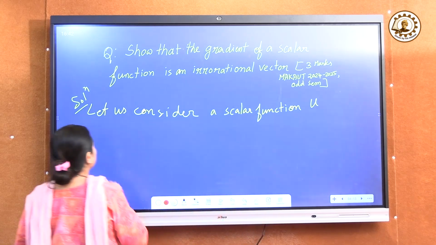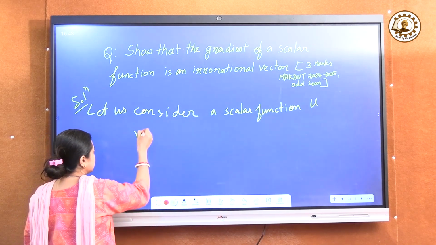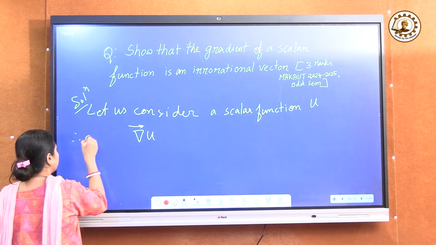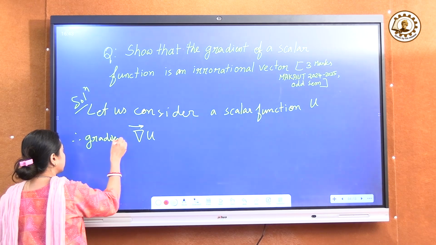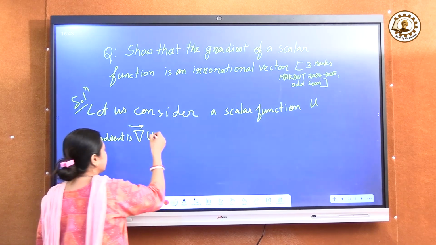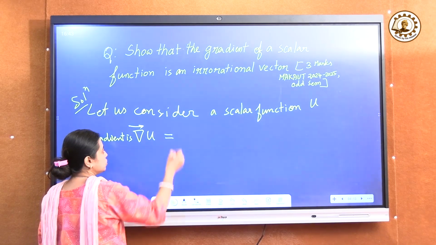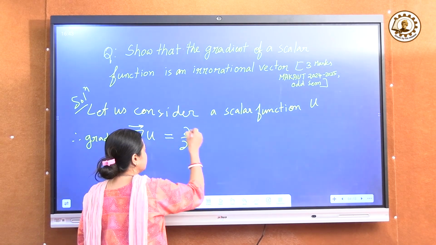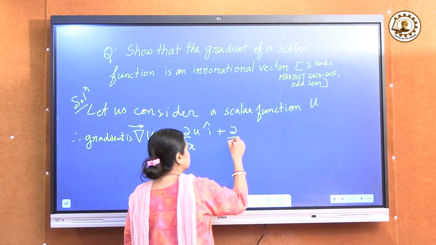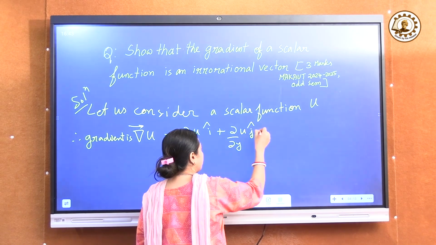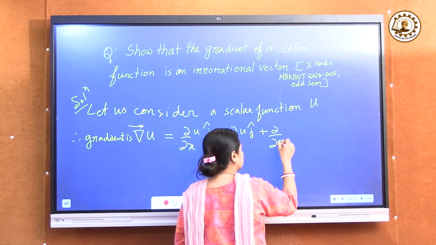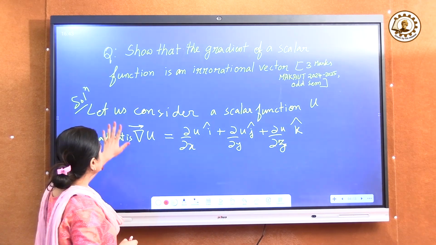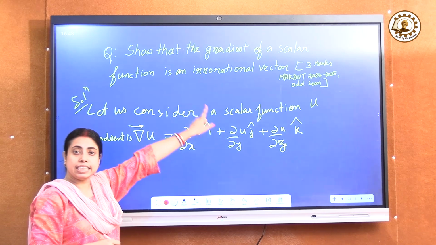The gradient of u means I have to multiply u with the del operator. Therefore, the gradient of u is equal to del u by del x i cap plus del u by del y j cap plus del u by del z k cap.